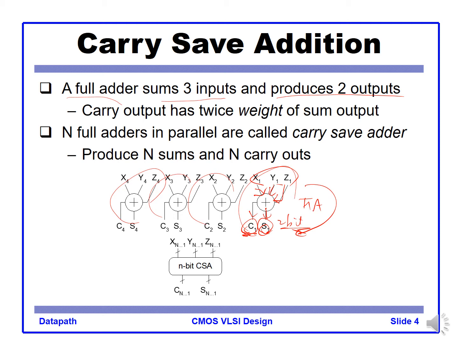I mean, first we needed to add four numbers, but we can reduce that to a smaller number. So if you use this kind of carry save addition, you can take three numbers to add and reduce them down to 2.